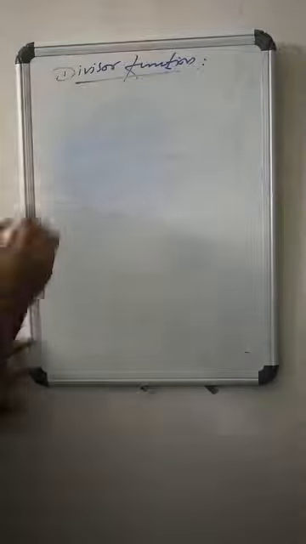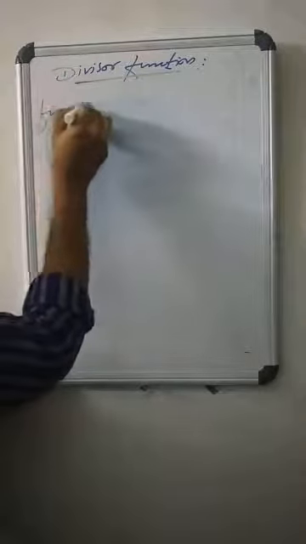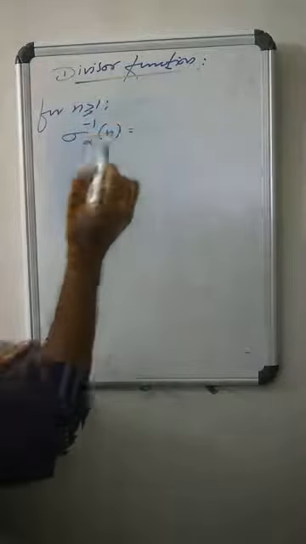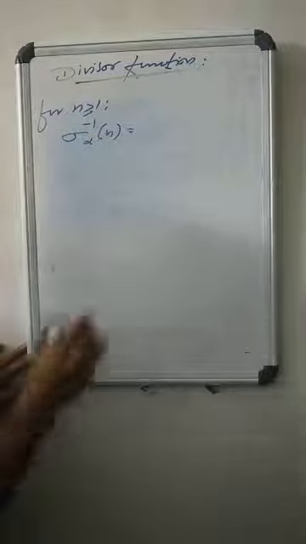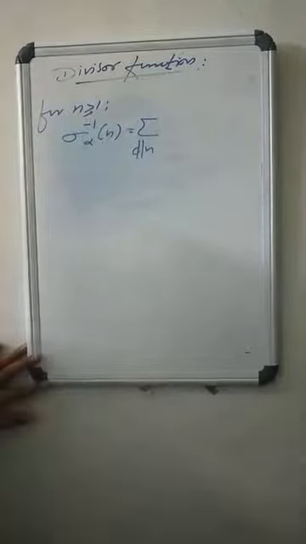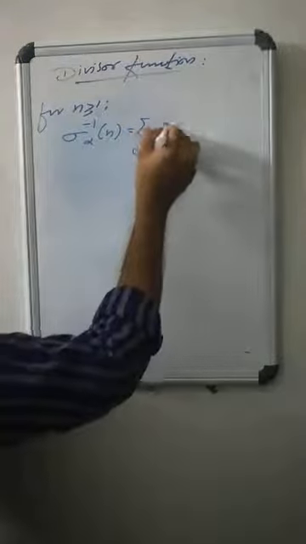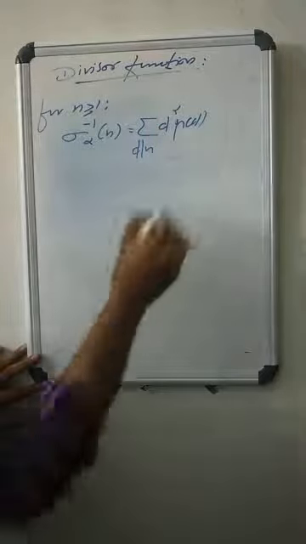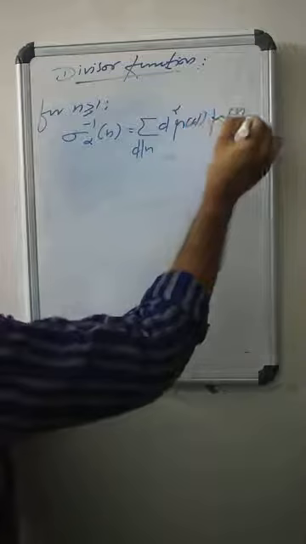Now there is one other result. For n greater than or equal to 1, we have sigma alpha inverse of n equals the sum over d dividing n of d power alpha mu of d power alpha into mu of d into mu of n by d.